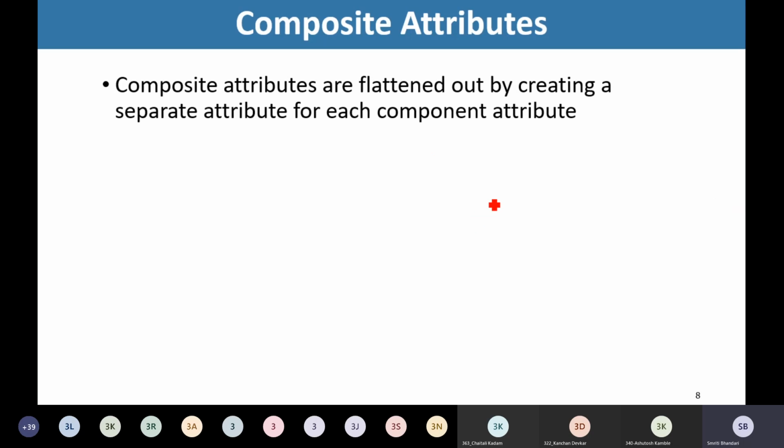So, in fact, the composite attributes are flattened out by creating the separate attribute for each component of the composite attribute. So what I mean by that?